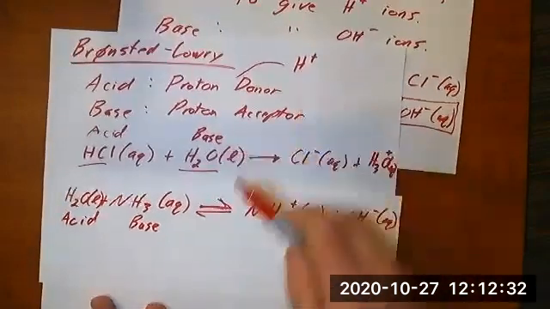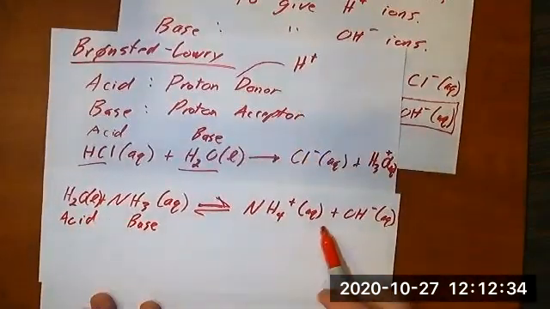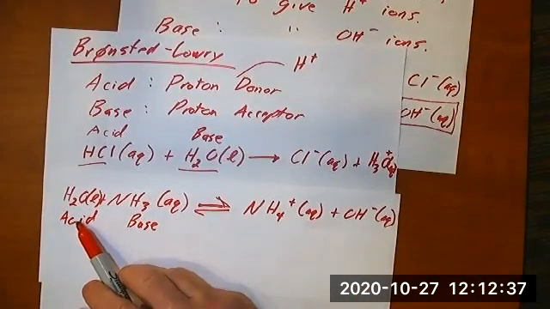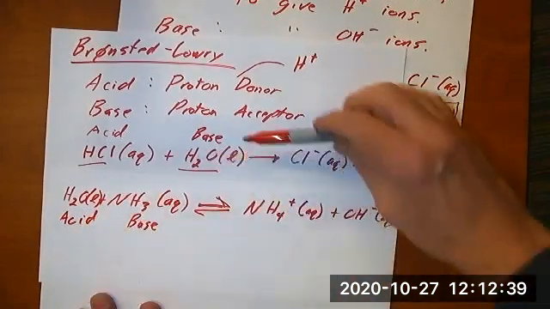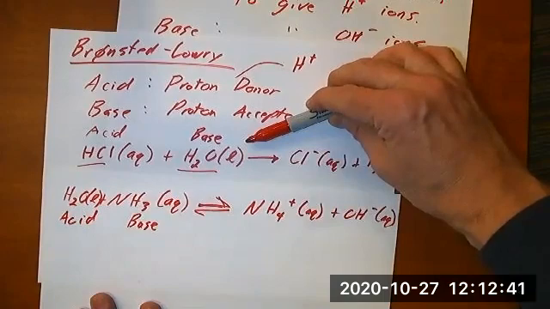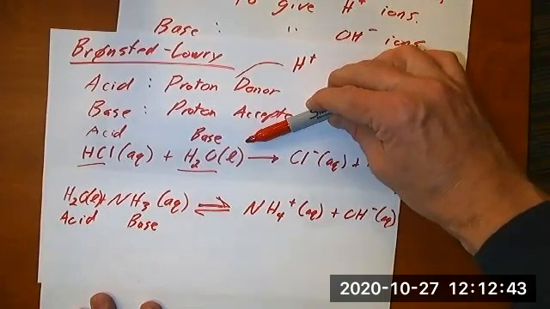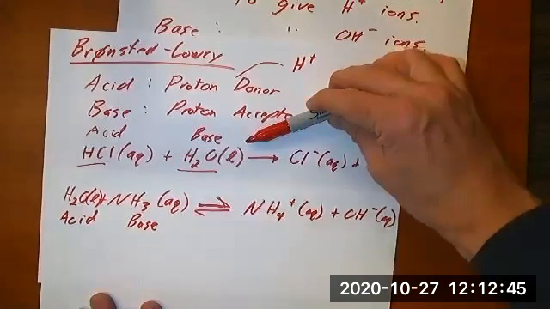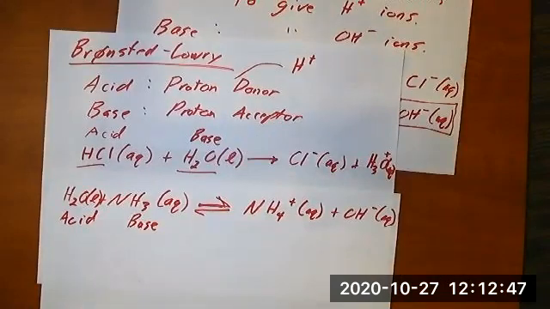But also now notice that in this reaction, water is acting as an acid, whereas in this reaction, the HCl reaction, water is acting as a base. So the nature of a substance, whether it is an acid or a base, depends upon which reaction you are talking about at the time.